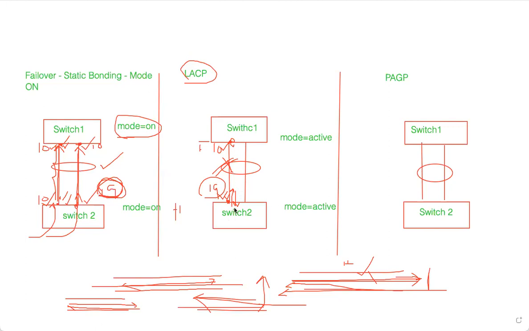On the switch one, we send the data to the switch two, right? We can make sure that you can put this mode whether to be participating in LACP or not by using a keyword called passive.